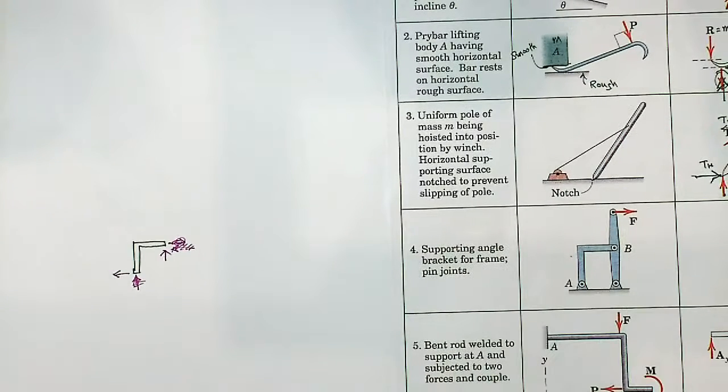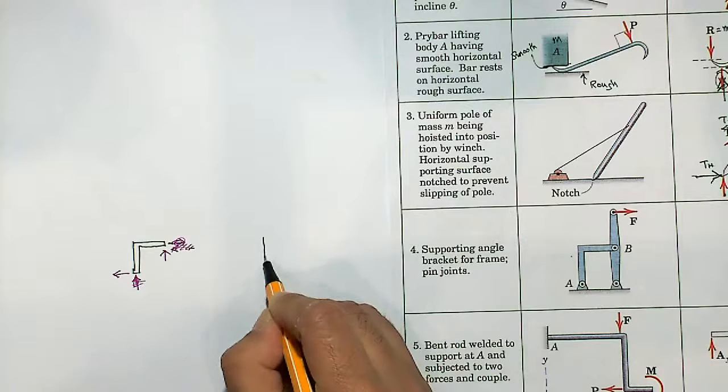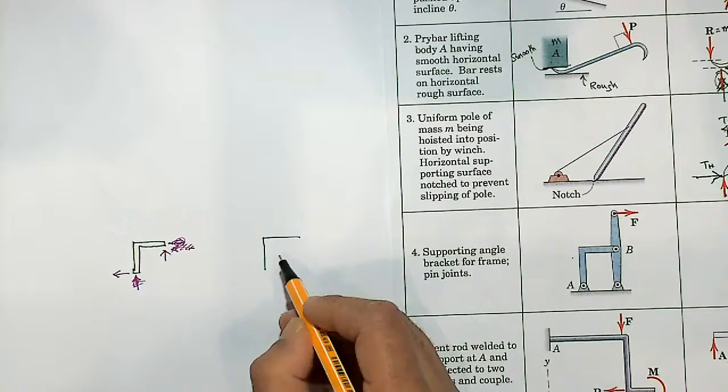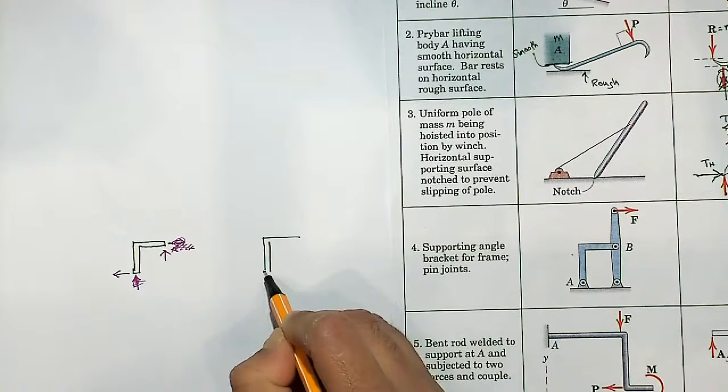So first of all, I'll strip off these two supports. I want to know what the reaction forces onto the ground are, because remember, any force you apply to any object ultimately has to come to the ground, or the support. Ground is one term, but it needs to come to the support. So I will draw the free body diagram of the whole structure first. So this is the bracket.